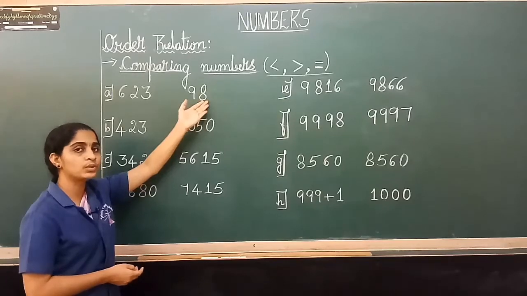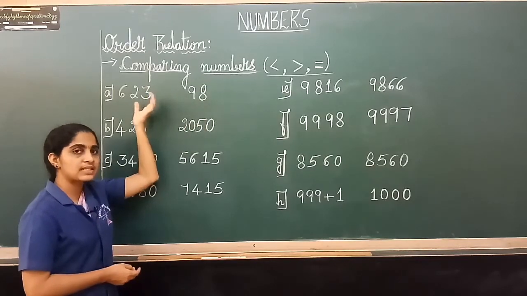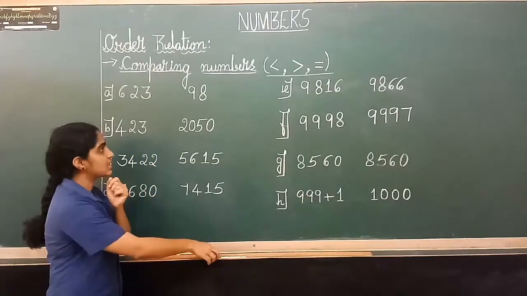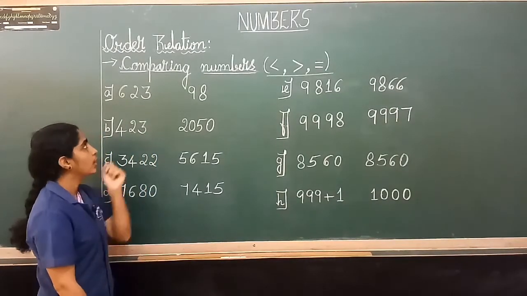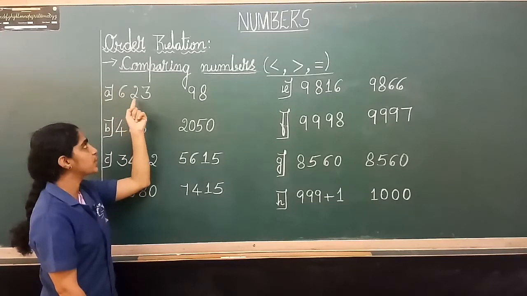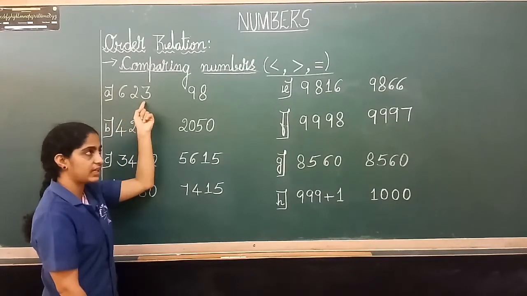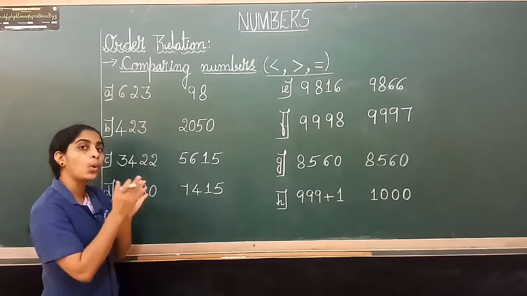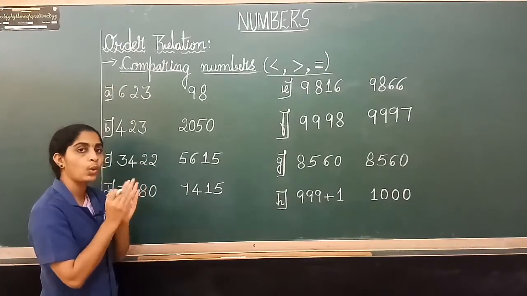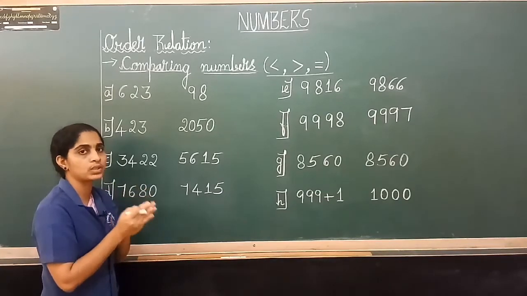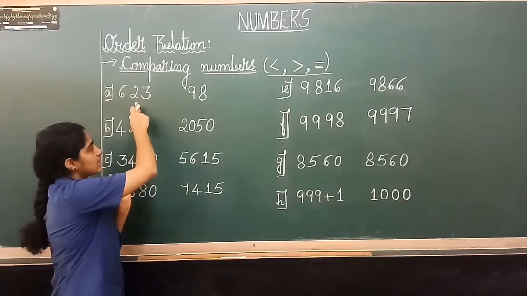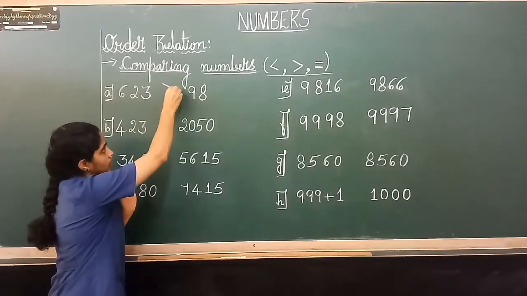So we have to express this comparison using the symbol. Let's put the symbol for this. You know that 623 is greater. So whenever we are putting the symbol, the open end of the symbol should show the greater number. So this is the greater number.